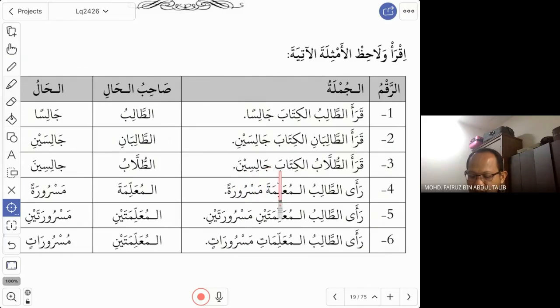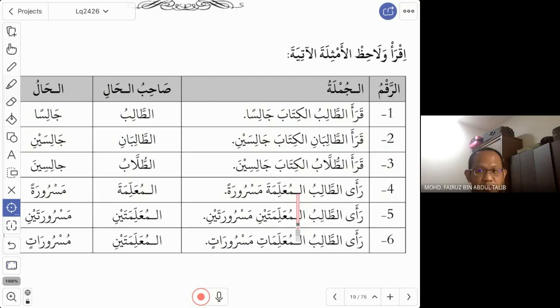So here, this is the sahib al-hal. If you look at the first jumlah, the sahibul hal is the fa'il, the one who read. But in the fourth jumlah, the sahibul hal is no longer the fa'il, but it is the maf'ul bi. So it is okay. You can have hal for fa'il, you can have hal for maf'ul bi.